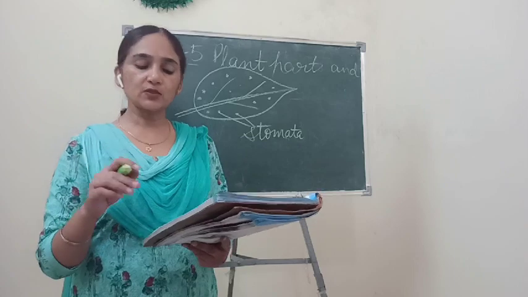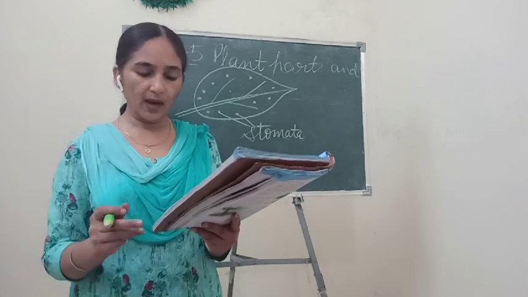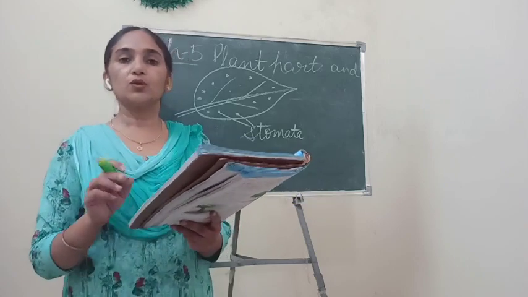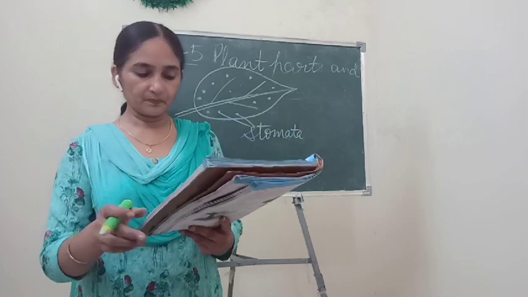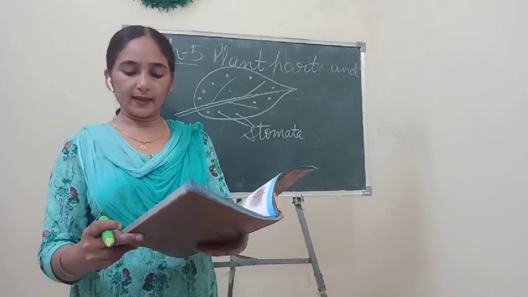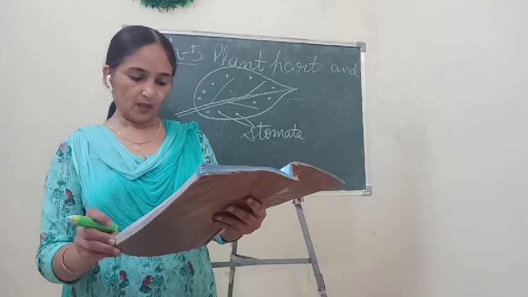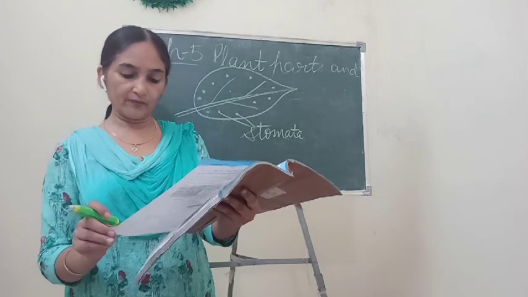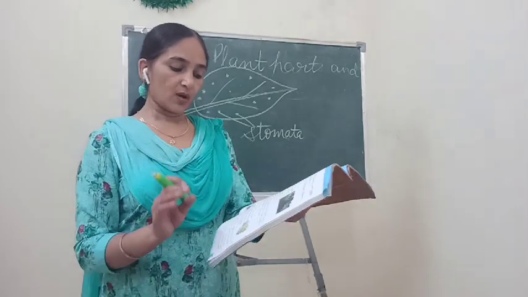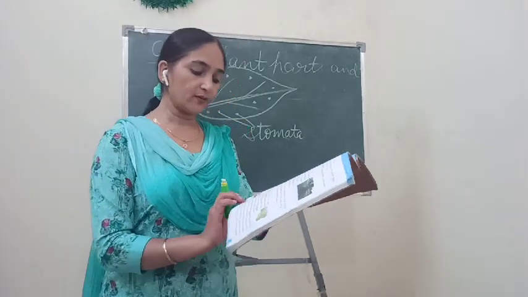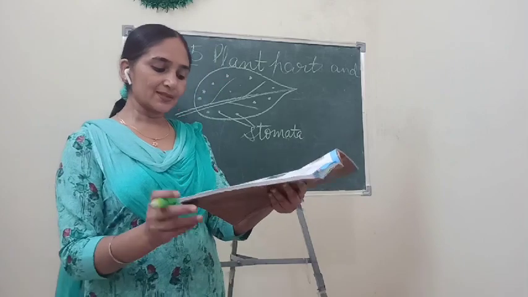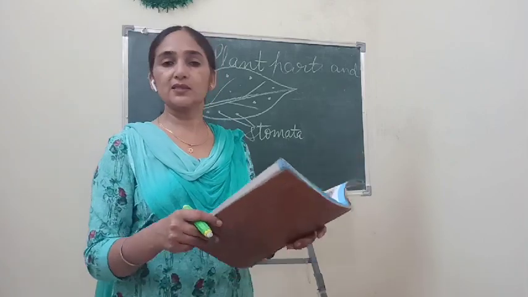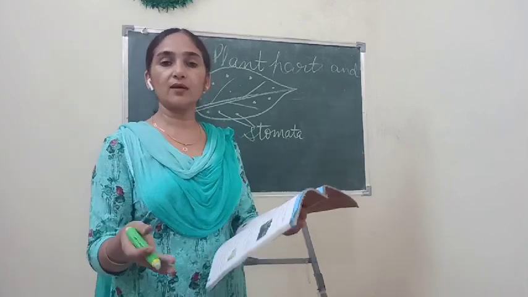The food made by these leaves is transported to all parts of the plant through stomata. You know that here I think they have written wrong, because what they have written is that the food made by leaves is transported to all parts of the plant through stomata.